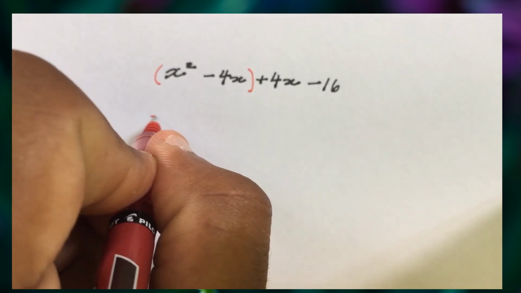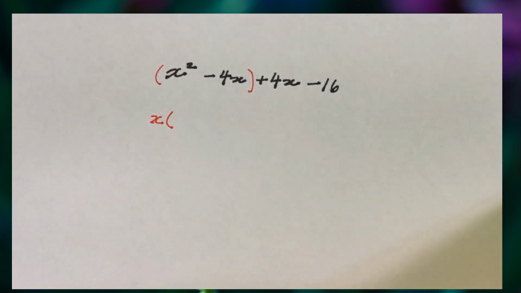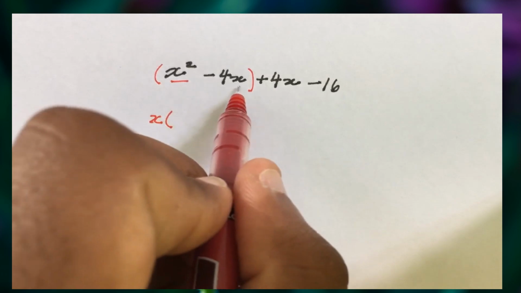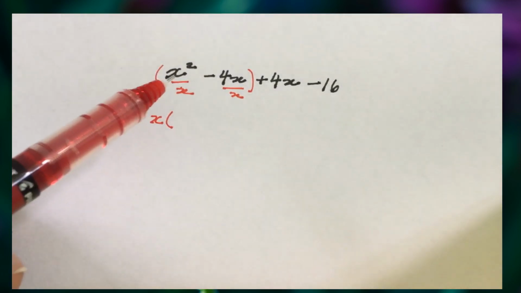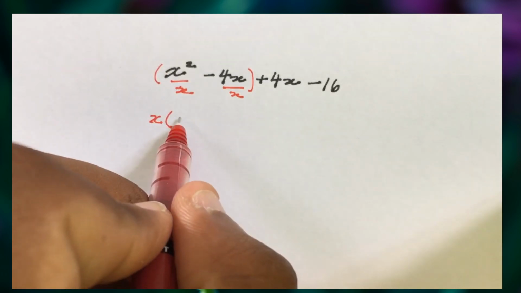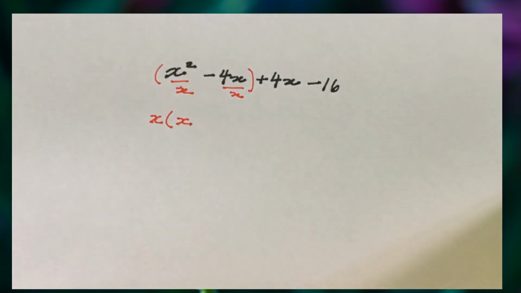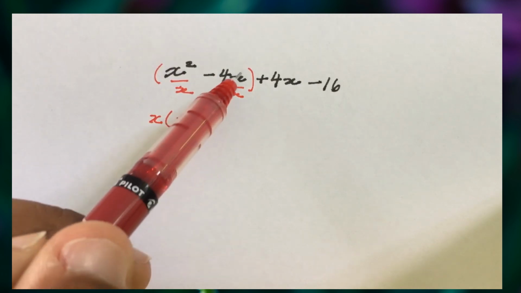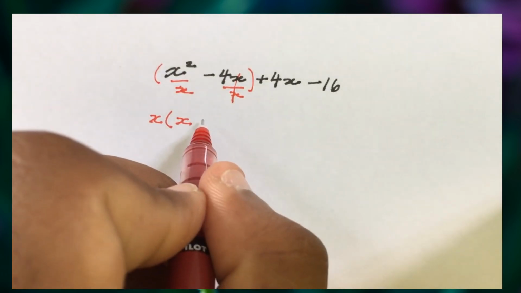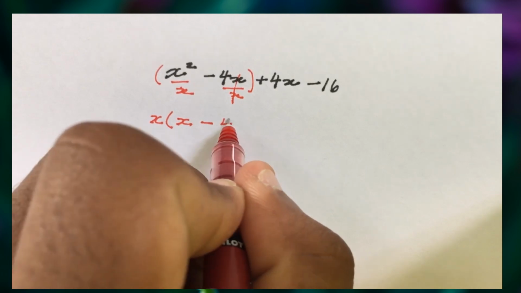So we're going to have x on the outside. And then I'm going to divide everybody on the inside here by that x, that common factor. So x squared divided by x just gives me x by itself there. And then negative 4x divided by x, these cancel, leaving me with just minus 4.